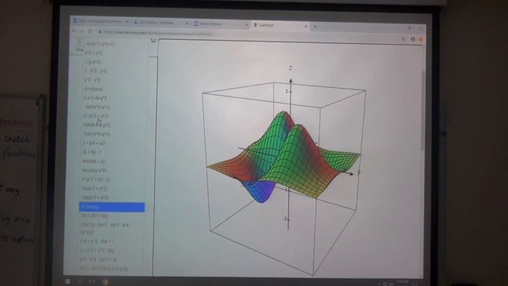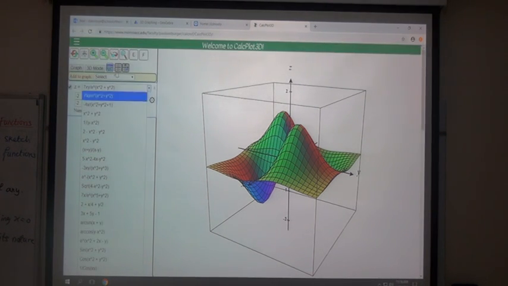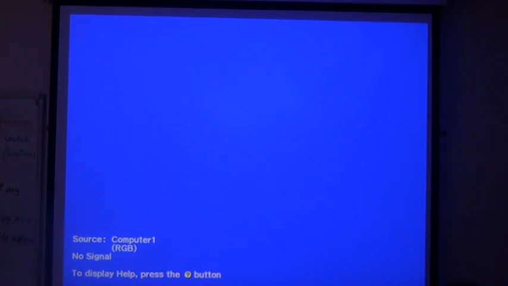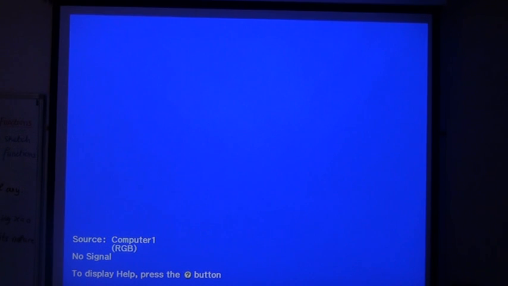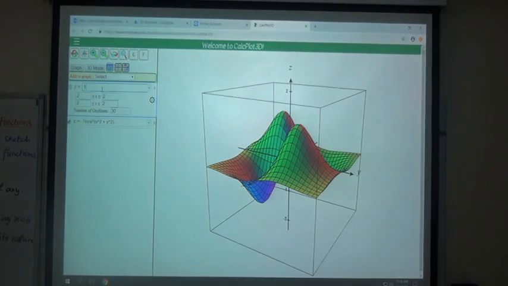So you can plot different things. Some of these things you can also use when you get to your IB classes. Anyway, I just put it in the function. I didn't do anything. What happened? Blue screen. Any change? Yeah, okay.